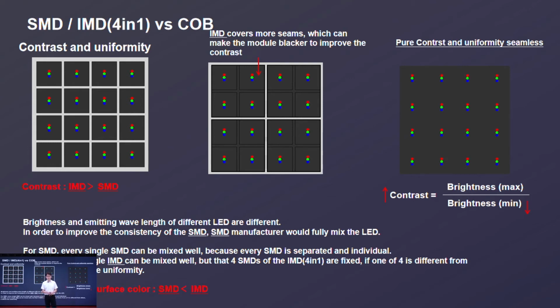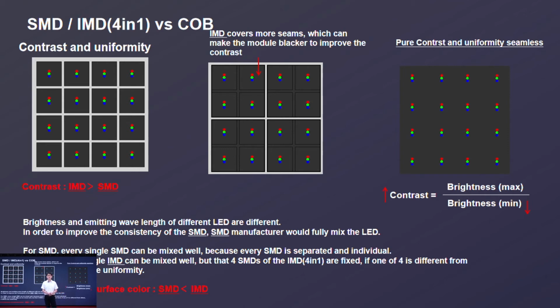If we look at SMD, the black area is obviously less than IMD, as in IMD technology there's a black seam among 4 pixel pitches. So we could easily tell the IMD contrast is better than SMD. As for COB technology, it is a whole module package technology, and the black area covers the PCB board totally.